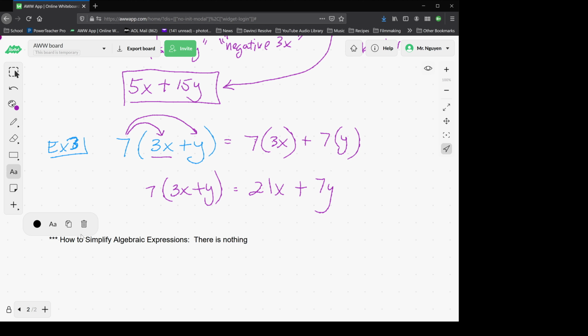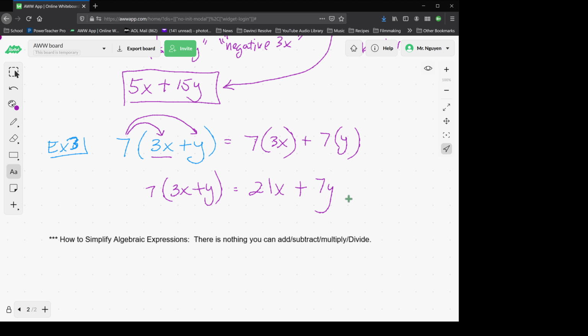There is nothing you can add, subtract, multiply, or divide. There's nothing that you could do with that. If there's anything you can add, add it. If there's anything you can subtract, subtract it. If there's anything you can multiply, and anything you can divide.